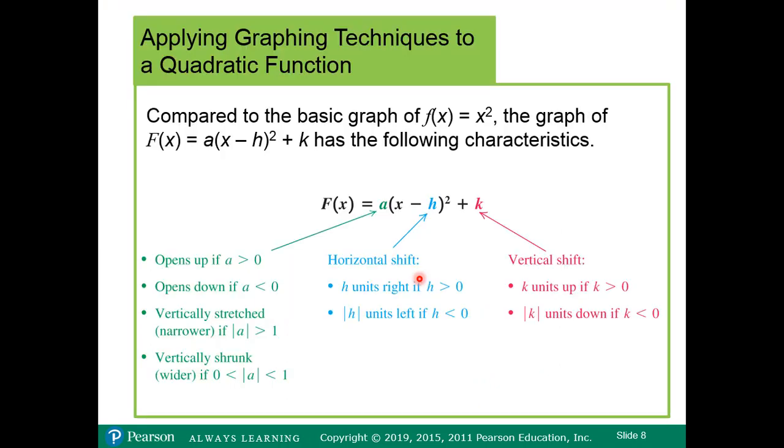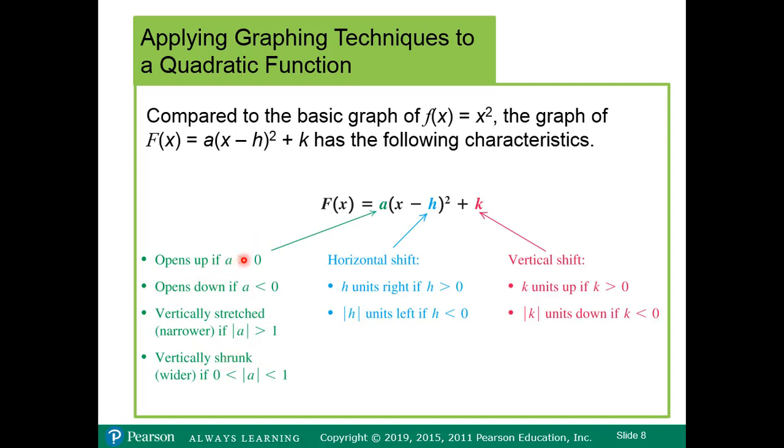Now, there are a couple of ways of writing these. Compared to the basic graph x squared, the graph of any quadratic function can be written in this form, where it's going to be a horizontal translation with a possible vertical translation, and also either a vertical stretch or compression, just like we talked about last chapter.